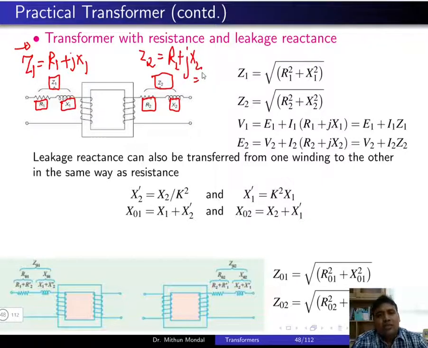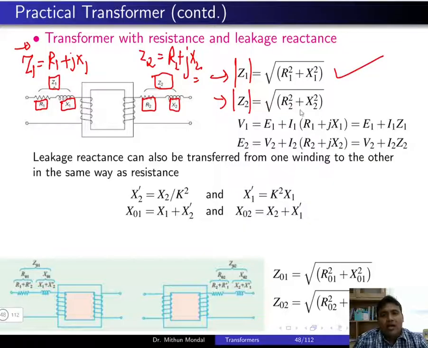If you try to find the absolute value of Z1 or the absolute value of Z2, it is easy to find with the complex notation. So it will be the square root of R1 square plus X1 square, and Z2 will be the square root of R2 square plus X2 square, right? Then if you remember, we have discussed that in the ideal transformer V1 is equal to E1.